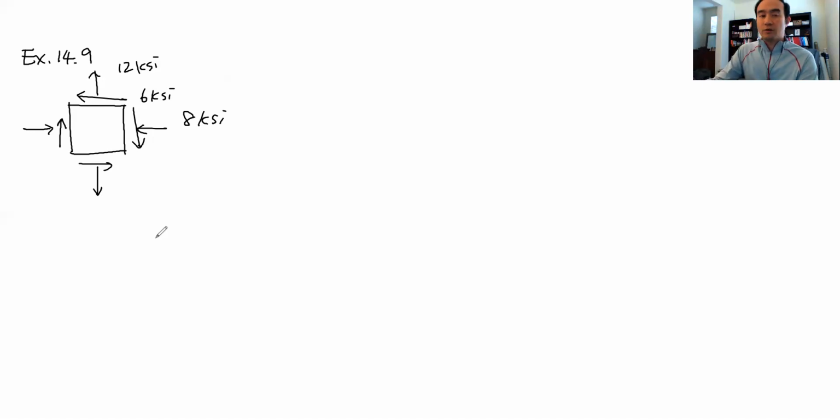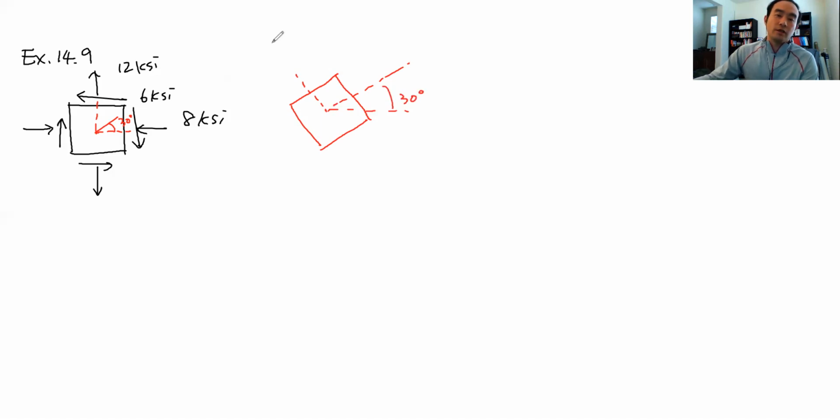So what we'd like to know is, this is the current state of stress, right? And we'd like to change the angle in the counterclockwise direction by 30 degrees. So let's say this is going to be 30 degrees. Then I'd like to change the angle from the original state of stress to this, and then this angle is going to be 30 degrees.